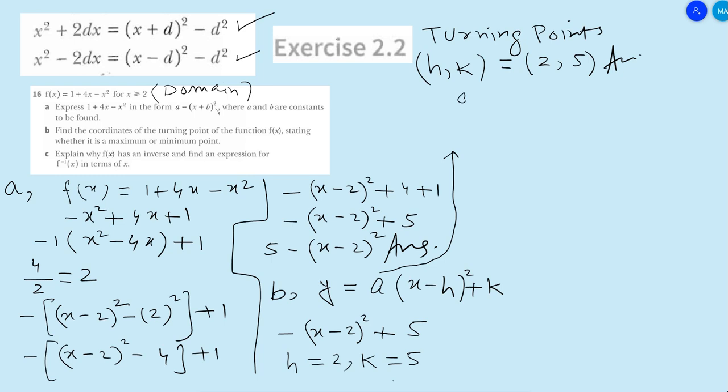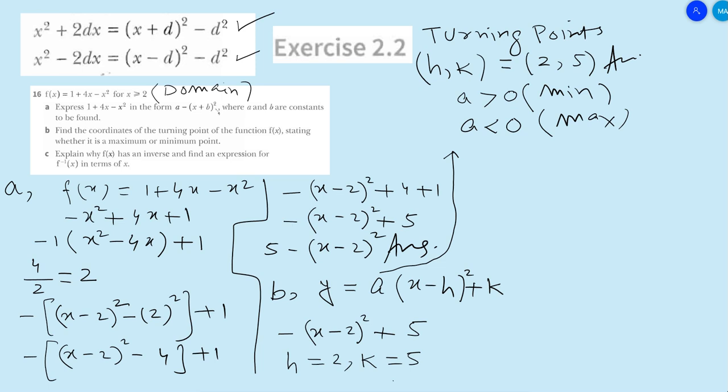So if a is greater than 0, means positive, the function is minimum. And if a is less than 0, that is the value of a is negative, the function is maximum.